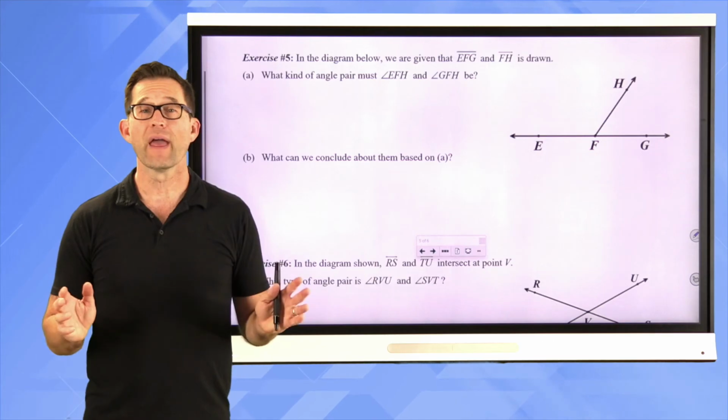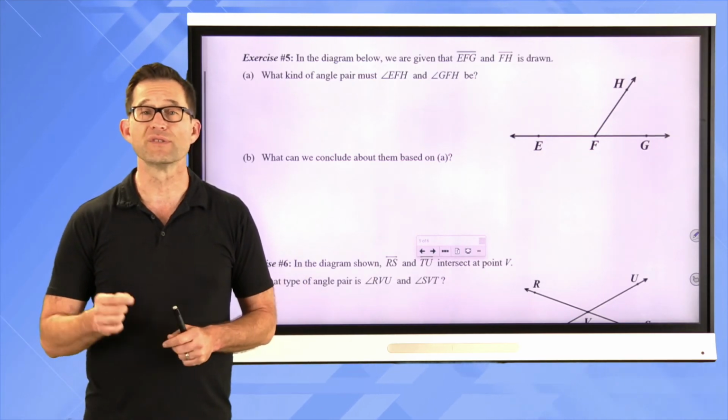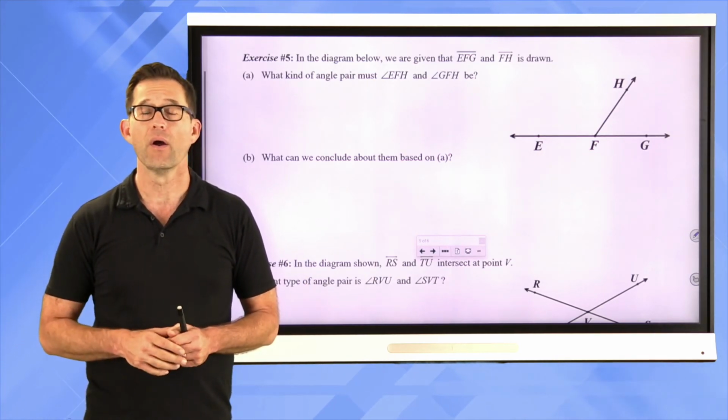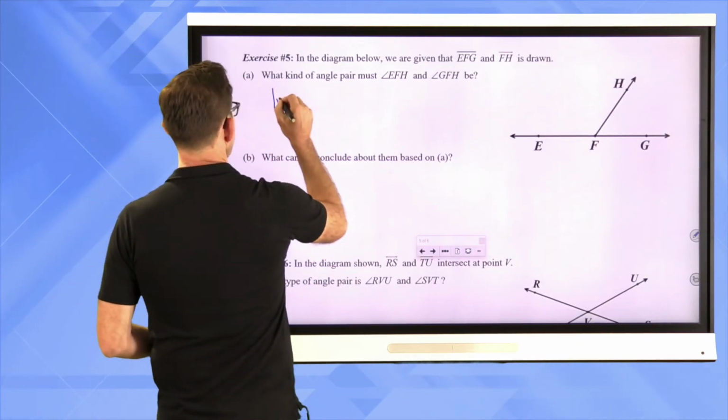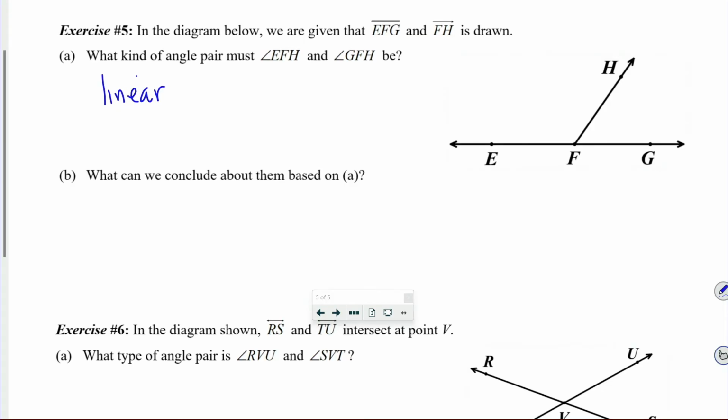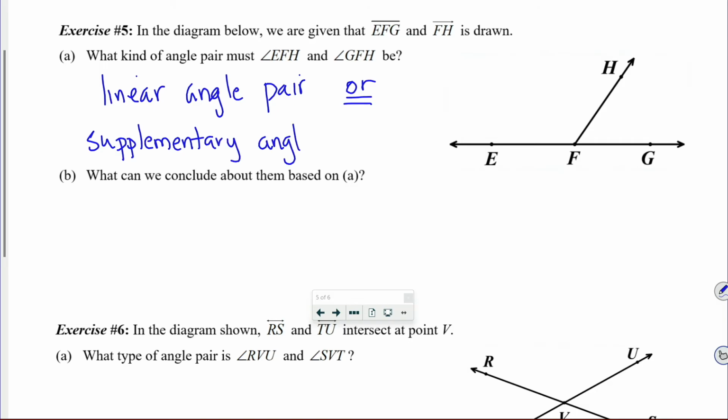Well, I'm really happy with one of two answers. You either said that they were a linear angle pair or a supplementary angle pair, right? So either a linear angle pair or a supplementary angle pair.